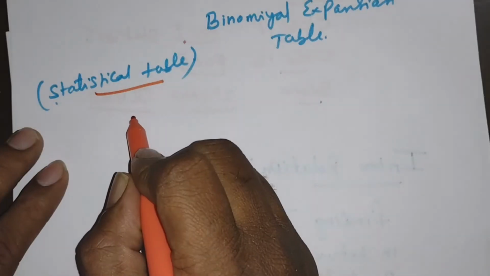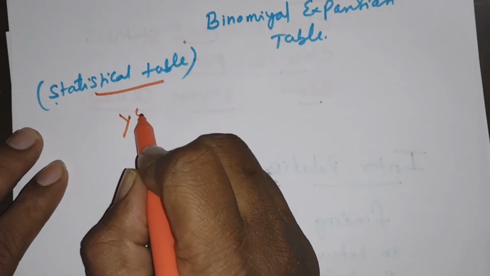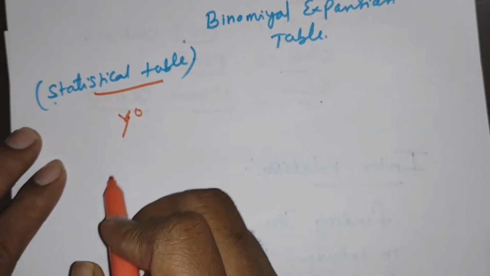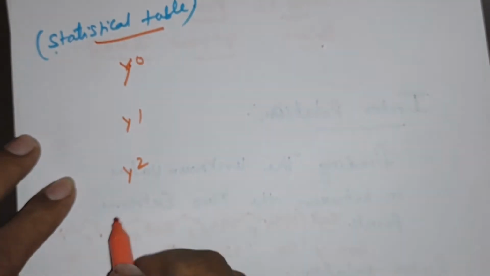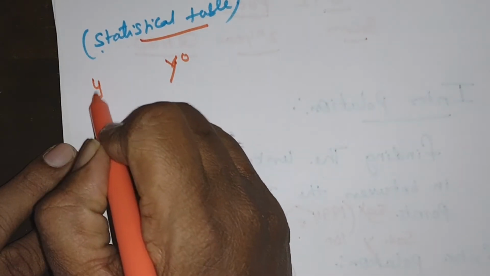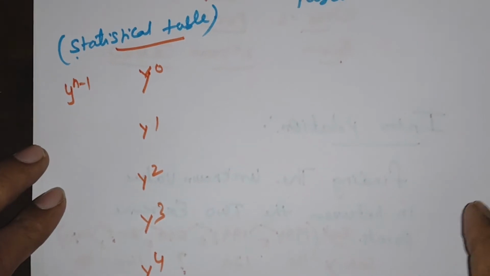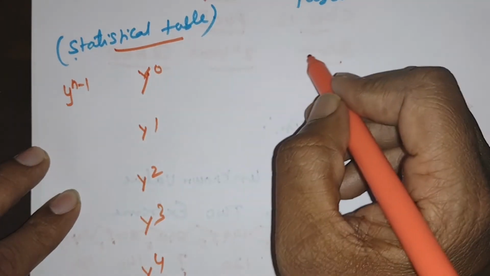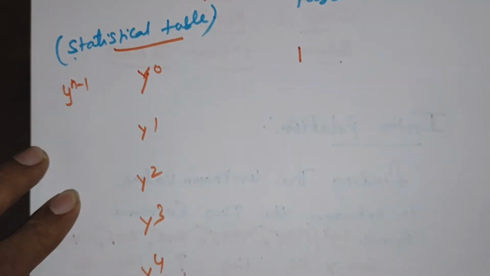For example, let me write y0, y1, y2, y3, y4, y5, like that. What is this y0? It means y to the power of n minus 1. For example, for y0 I will write here 1.